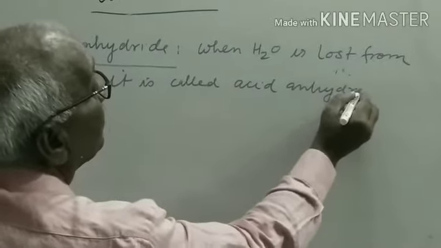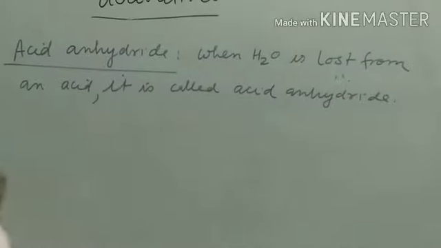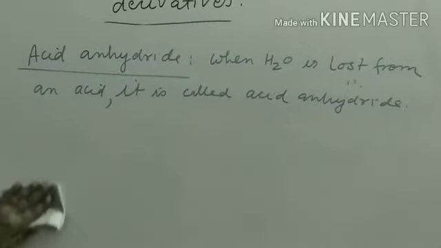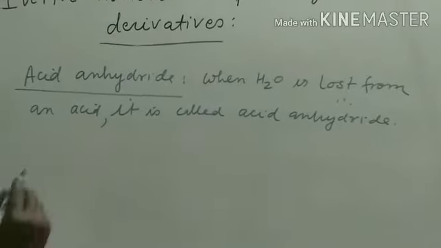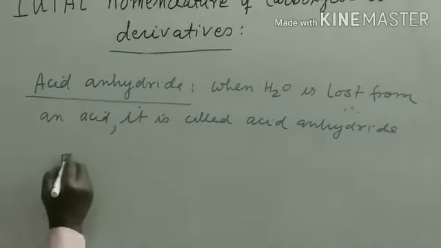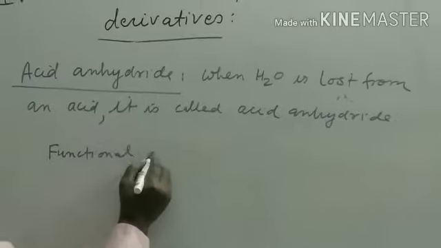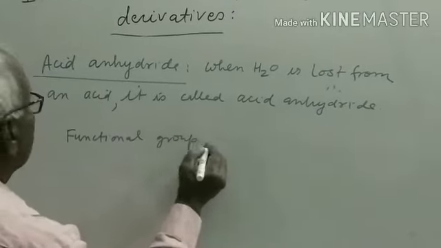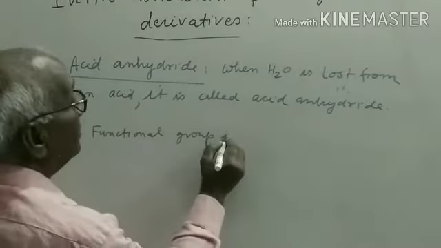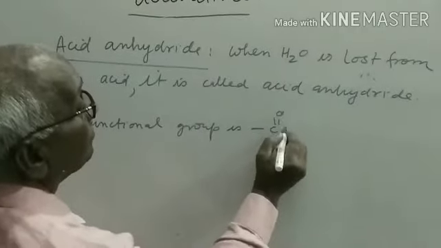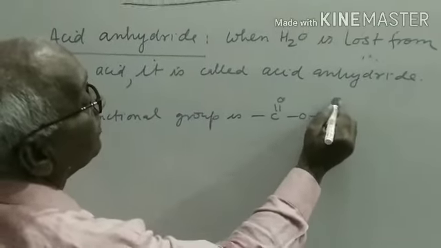It is called acid anhydride or carboxylic acid anhydride. In this case, the functional group is CO, this one.